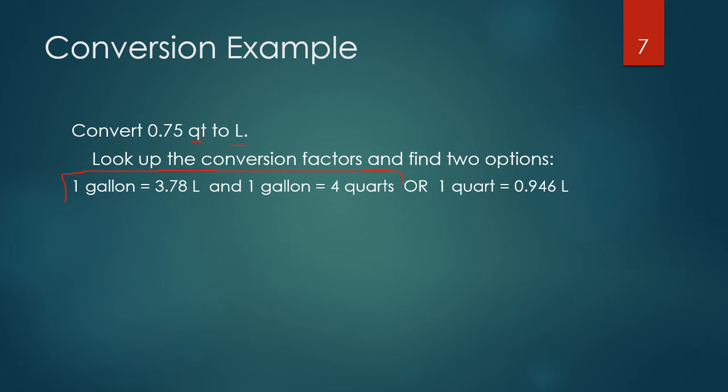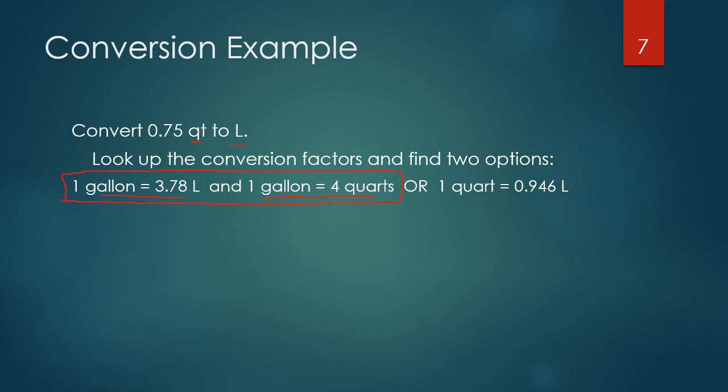So the first way is going to be 2 steps. So using this way, we're going to go from quarts to gallons first, using this conversion factor here. Once we're in gallons, we'll then get to liters by using this conversion factor. 1 gallon is equal to 3.78 liters.